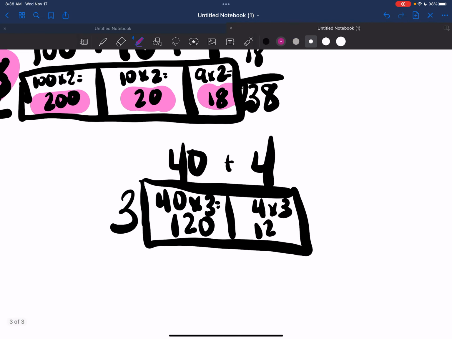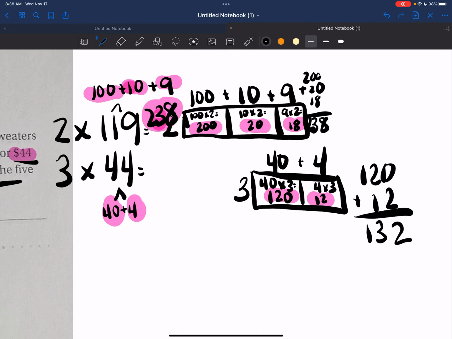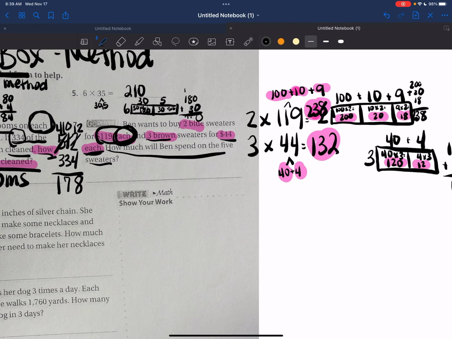And add your values, your products together. 120 plus 12. 0 plus 2 is 2. 2 plus 1 is 3. 1 plus 0 is 1. So on the 3 sweaters at $44 each, he spent $132.